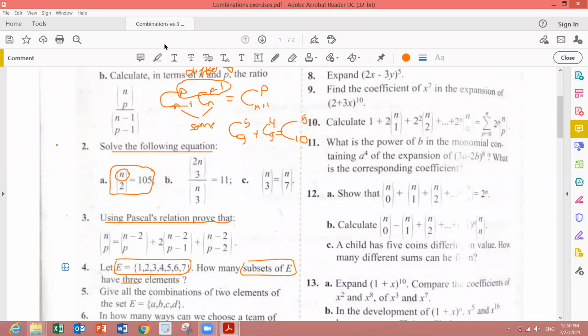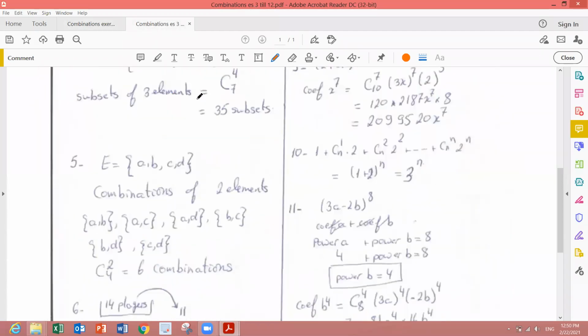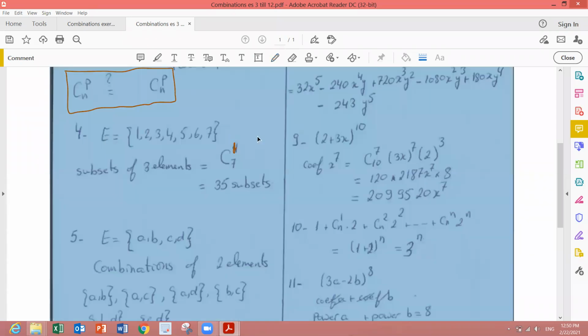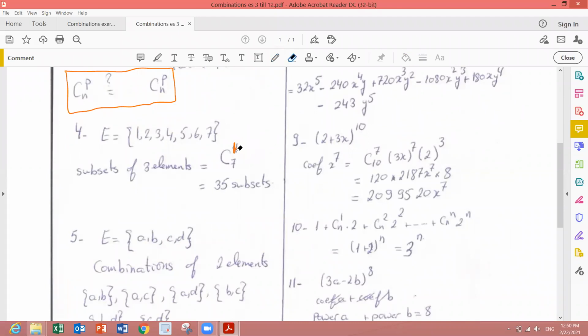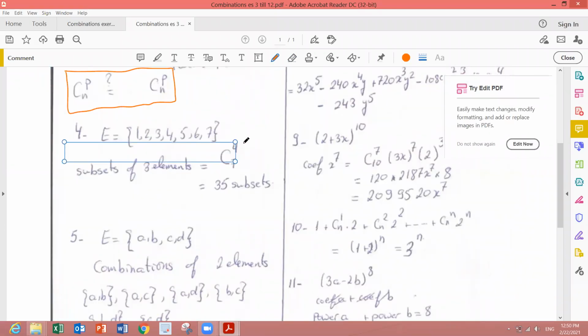Yes, 35. Do you have a calculator? No, sir. I have a brain. So here, not 4, it should be 3. We correct it, it will be 3. With this 3, we get 35.